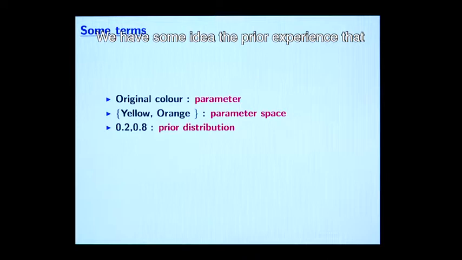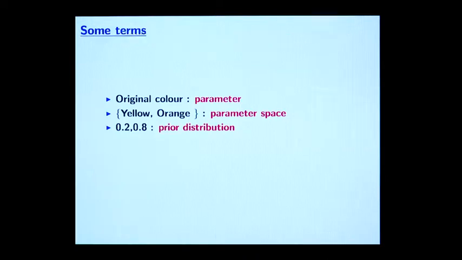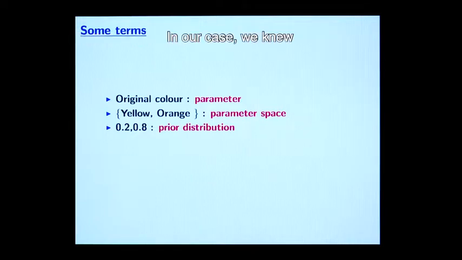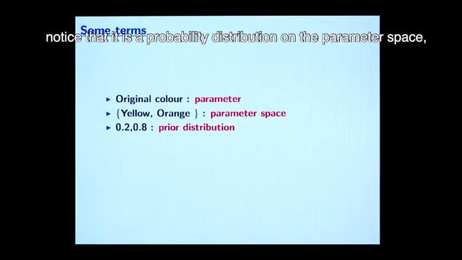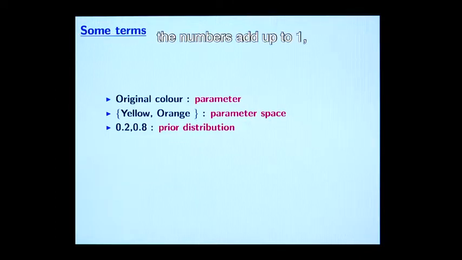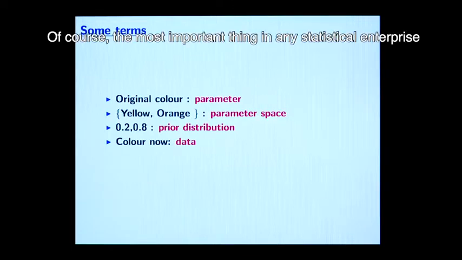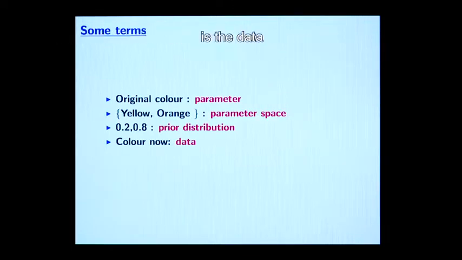We have some idea, the prior experience, that it is more likely to be orange or less likely to be orange. In our case, we knew about 20% of the pictures used yellow, remaining 80% used orange. That is called the prior distribution. Notice that it is a probability distribution on the parameter space. The numbers add up to 1 and they are all non-negative numbers. Of course, the most important thing in any statistical enterprise is the data.